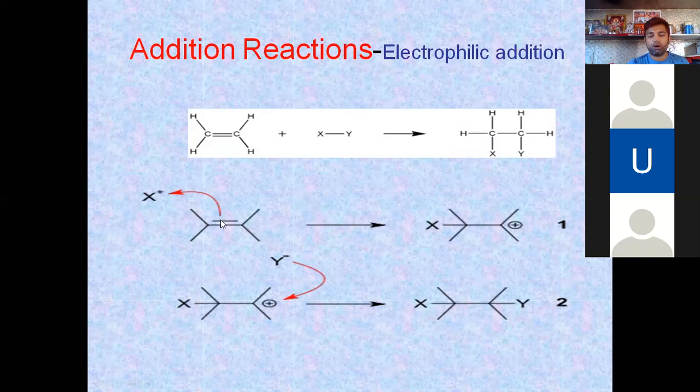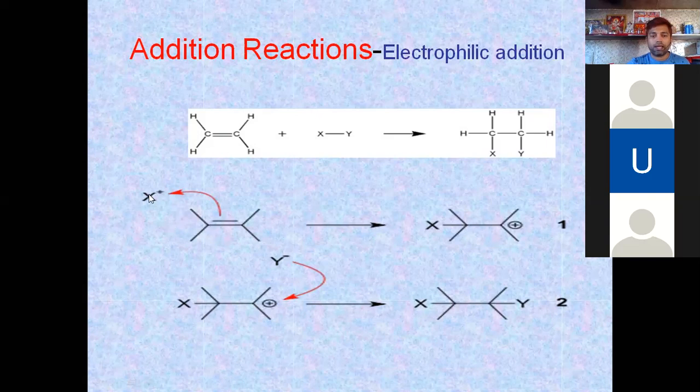So this pi bond will approach this electron deficient species and form a bond here. This is a carbanion, and this is a carbocation. This is the positive center and this is the negative center.